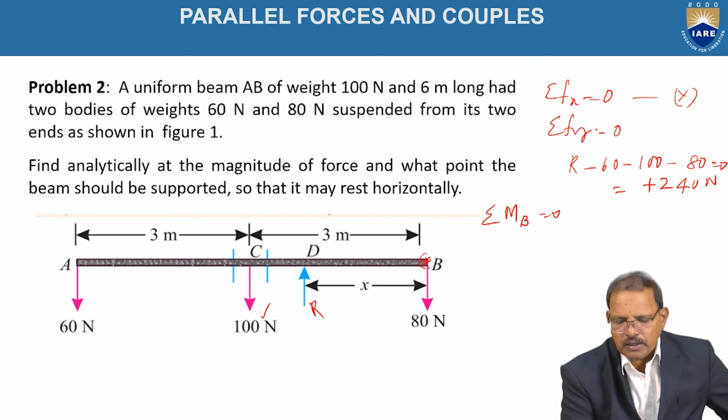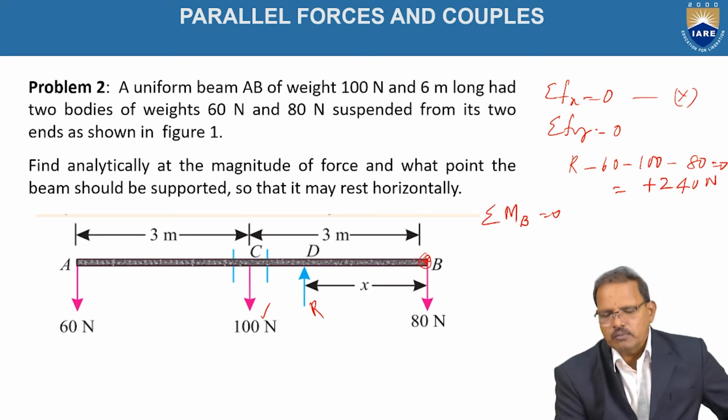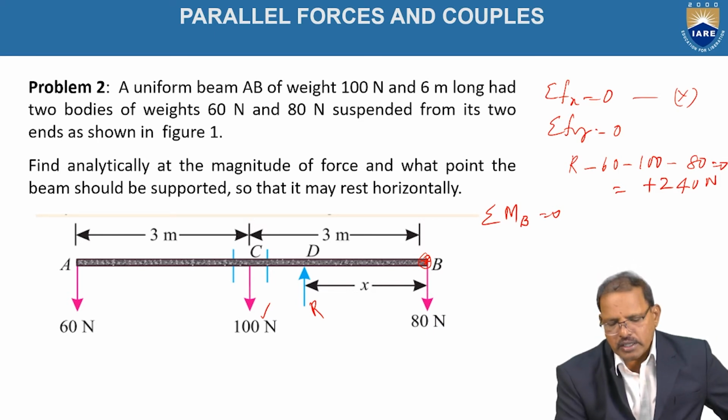Here, with respect to point B, the moment created by the 80 newtons is equal to 0, since the distance is equal to 0. At D, R tends to rotate the body in the clockwise direction, that is positive. At C, the 100 newtons tends to rotate the body in the anti-clockwise direction, negative. And at A, 60 newtons tends to rotate the body again in the anti-clockwise direction, negative.